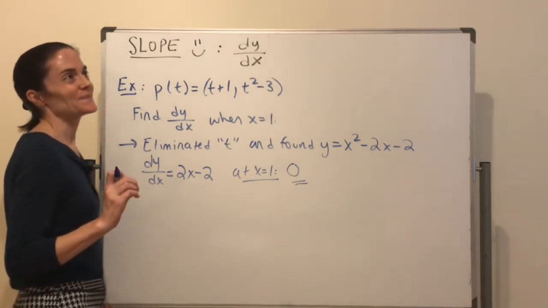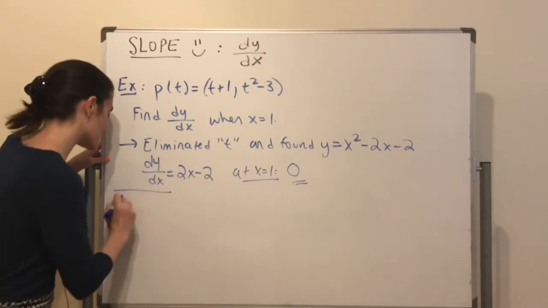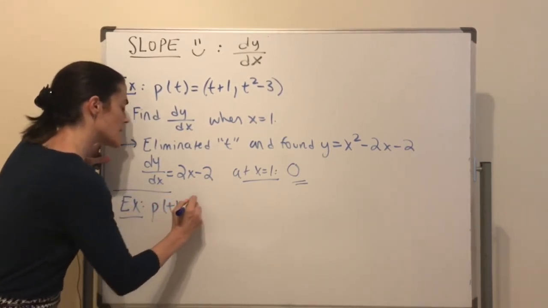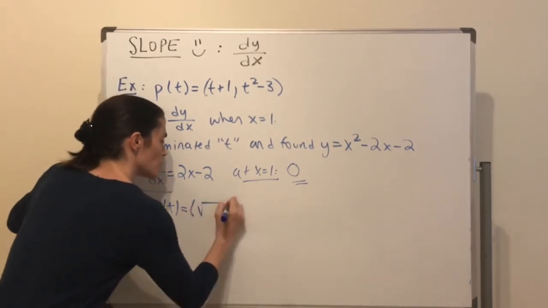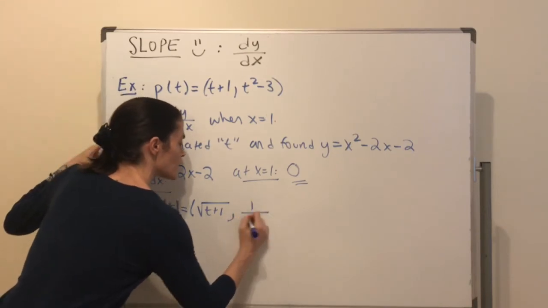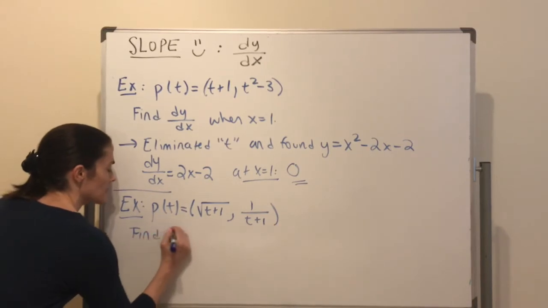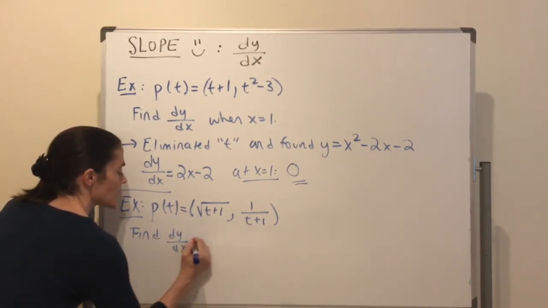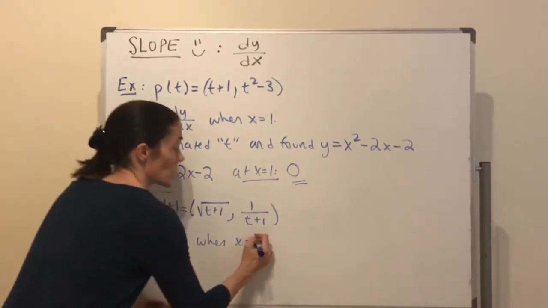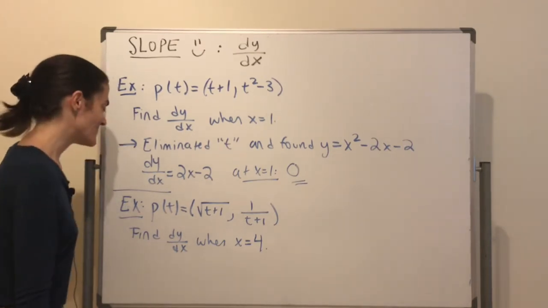Well, maybe let's go and do another one too. So let's do another where we eliminated. We had p of t was square root t plus 1, 1 over t plus 1. And let's suppose we want to find dy dx when x equals 4. Okay?